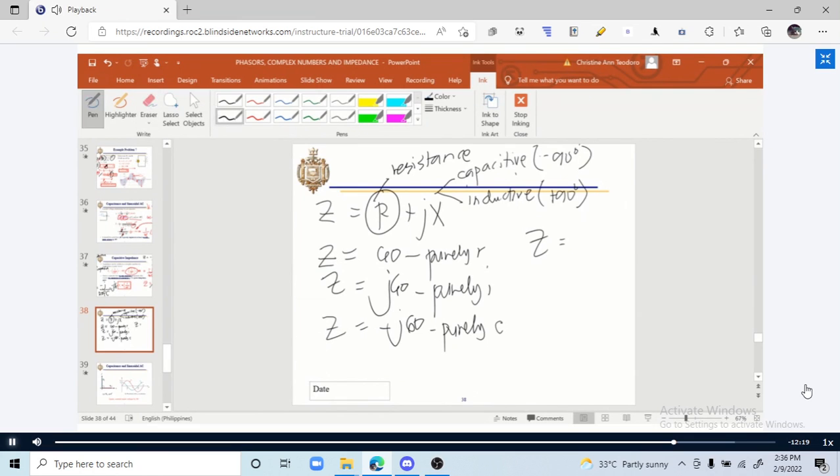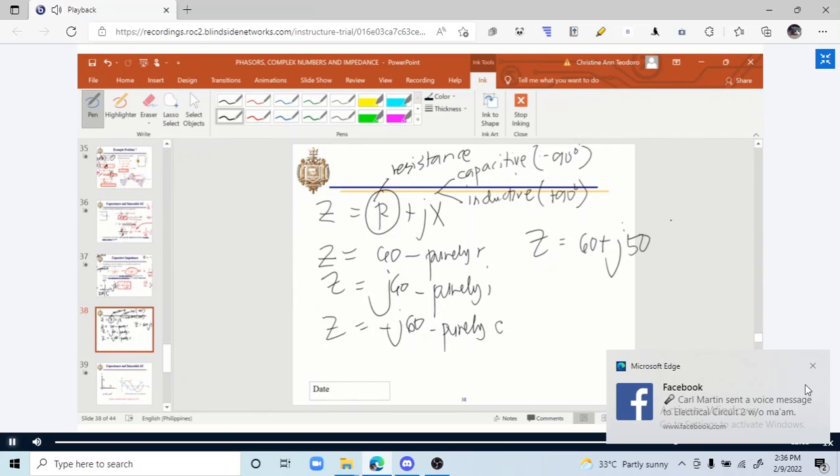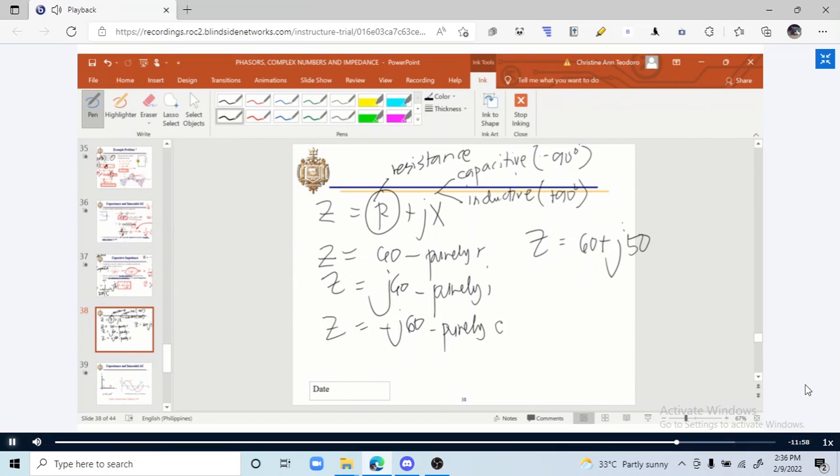What if my Z is equal to R plus, or sorry, what if my Z is equal to 60 plus jXL, or sorry, equal to j50? What is the nature of my circuit then?